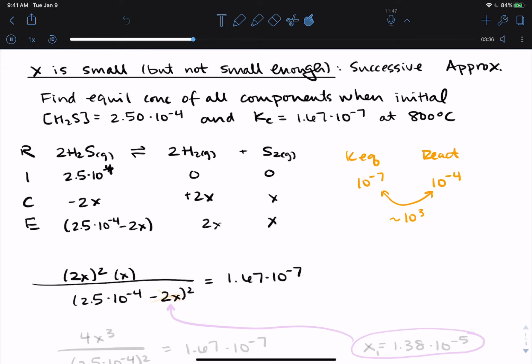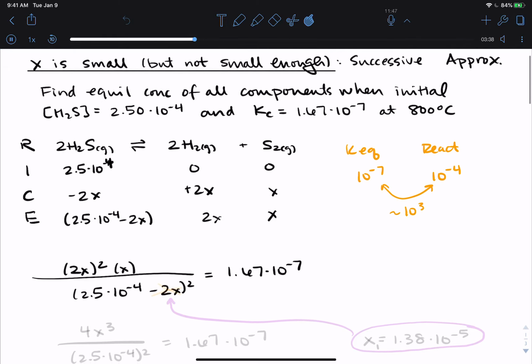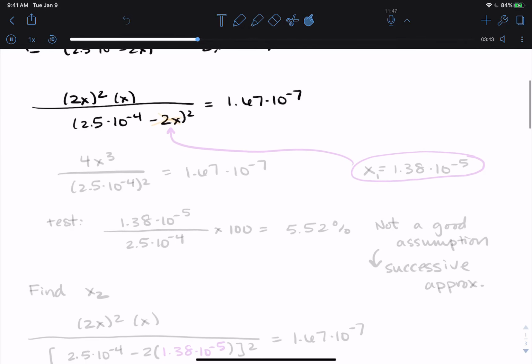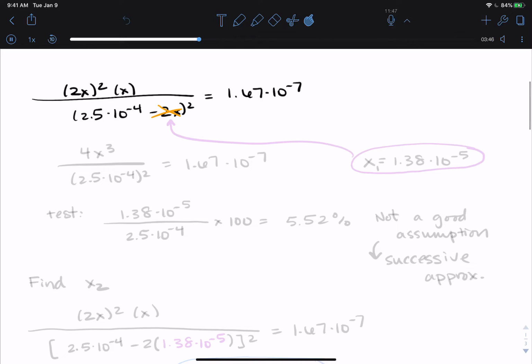So if x is small, then 2.5 times 10 to the minus 4th minus 2x is basically equal to 2.5 times 10 to the minus 4. So x is small eliminates that minus 2x part. And I'm back to something that I have the ability to solve, right? So I will have 4x cubed over 2.5 times 10 to the minus 4th squared equals 1.67 times 10 to the minus 7th.